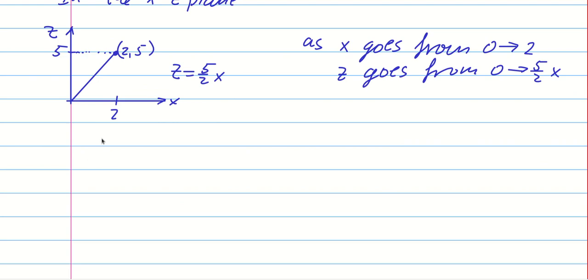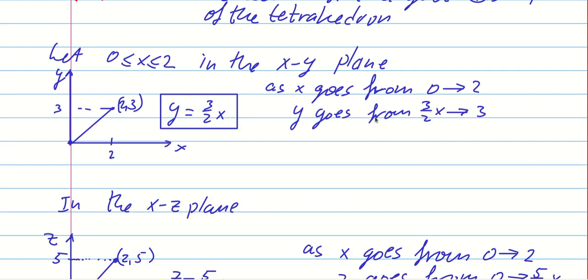So now we can set up our volume. We have volume equals integral, integral, and integral. We start with z. So z goes from 0 to 5 over 2 x, of 1 dz. Then we go to the y-axis, and y changes from 3 over 2 x to 3.